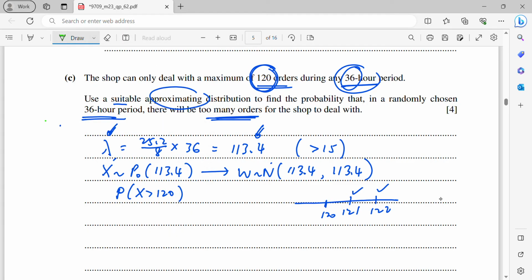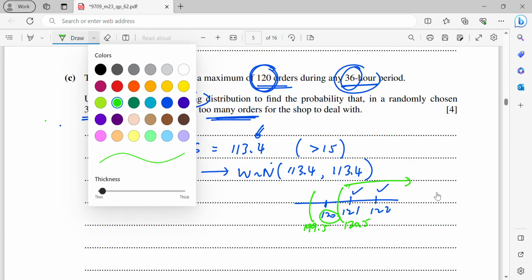Now when you refer to the continuity correction, you are allowed to plus or minus 0.5 from 120. So it means that now I have two choices, either 120.5 or 119.5. Okay, since this is greater than, it means that I have to accept the greater than 120.5, to include the tail.